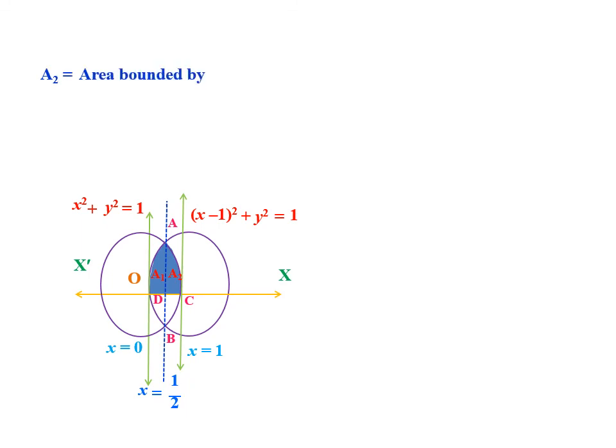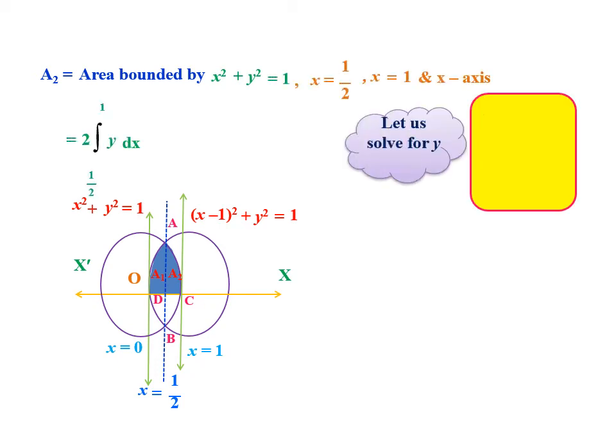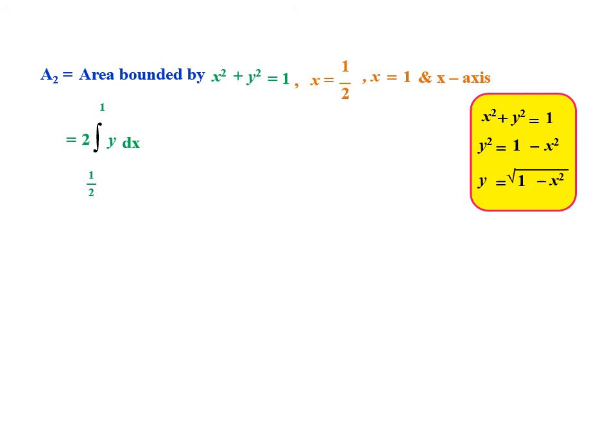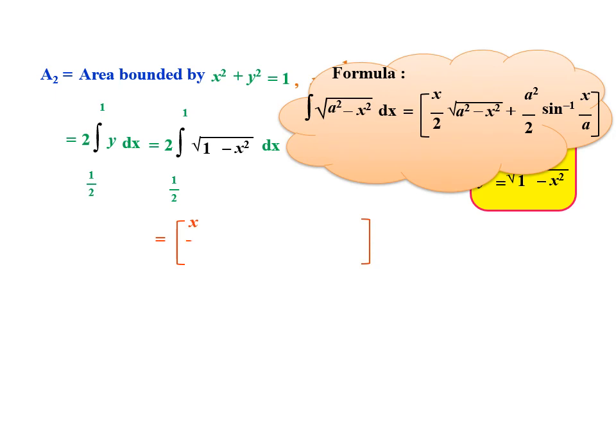Next example: area between the two circles. So the area bounded by the circle x square plus y square is equal to 1, x is equal to 1 by 2, x is equal to 1 and the x-axis. So it will be 2 times the integral from 1 by 2 to 1 of y dx. x square plus y square is equal to 1, so the value of y will be root of 1 minus x square.